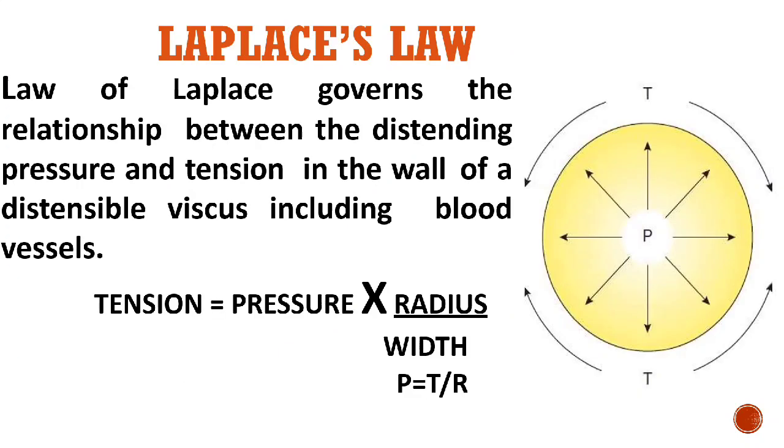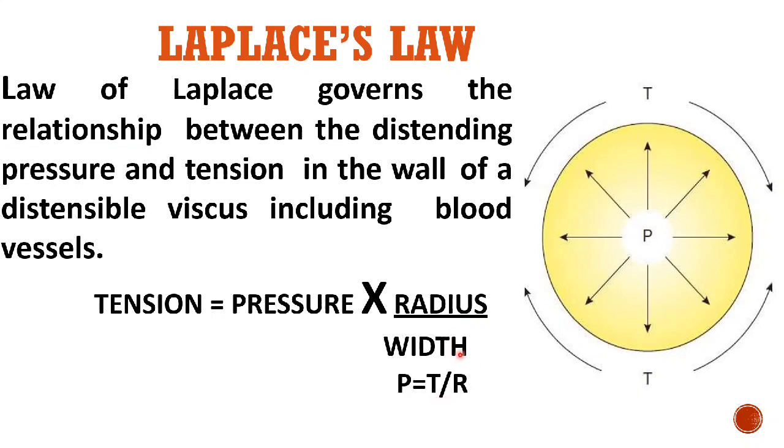Next, coming to the most important topic, that is Laplace's law. It governs the relationship between the distending pressure and tension in the wall of a distensible viscus, including the blood vessels. You can formulate it as tension is equal to pressure times radius divided by the width of the vessel wall.